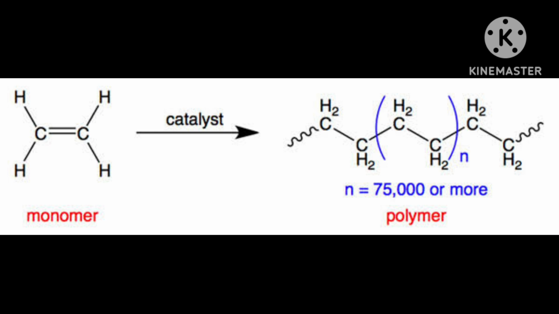And now the common names: when the carbon number is 2, the common name will be acetylene. When carbon is 3, it will be methyl acetylene. When carbon number is 4, it will be ethyl acetylene, ethyl being 2 carbon.